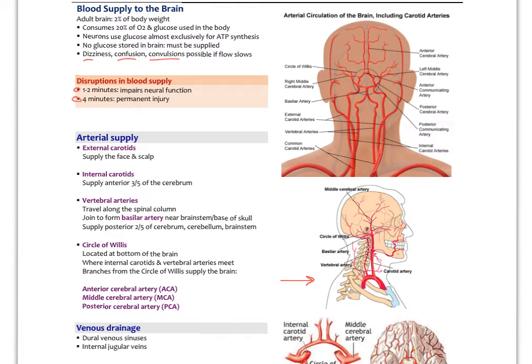So the external carotids are right here, one here and one here. And then the internal carotids here and here are the two branches of the carotid arteries. The external carotids go to supply the face and the scalp. So they're only going to stay superficial, and they're going to supply the scalp and your facial skin and muscles and whatnot. Versus the internal carotids, which will branch and go into the brain.